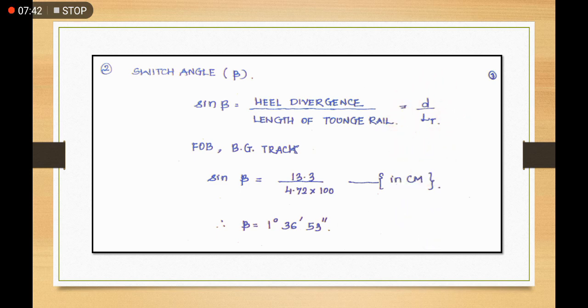Below that, for a broad gauge track the standard values are taken, that is for heel divergence 13.3 centimeters and length of tongue rail 4.72 meters. The 100 is the multiplying factor for converting it into centimeters. So the final value here for beta is 1 degree 36 minutes and 53 seconds. So that is the second parameter related to the design of the turnout.